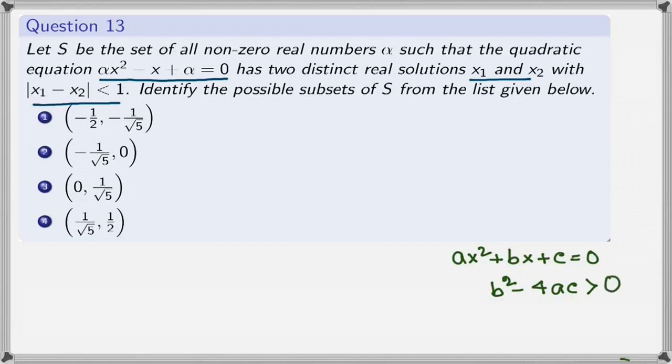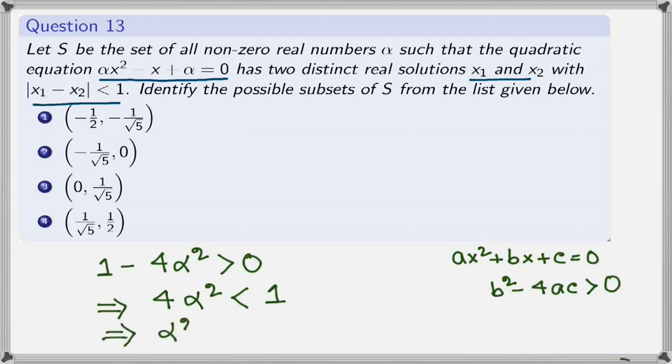So using this, we get here one condition that 1 minus 4 alpha square has to be strictly bigger than 0. That means 4 alpha square has to be strictly less than 1. That is, alpha square has to be strictly less than 1 by 4.